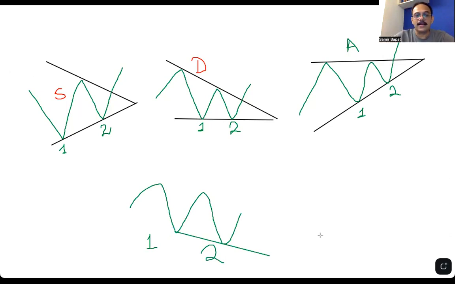So for drawing a triangle on a price action, 1, 2, 1, 2, 1, 2, 2 has to be either higher than 1 or at the same level as 1. Clear? Everyone clear about the concept, whether you are drawing it correctly or not? This is the test.